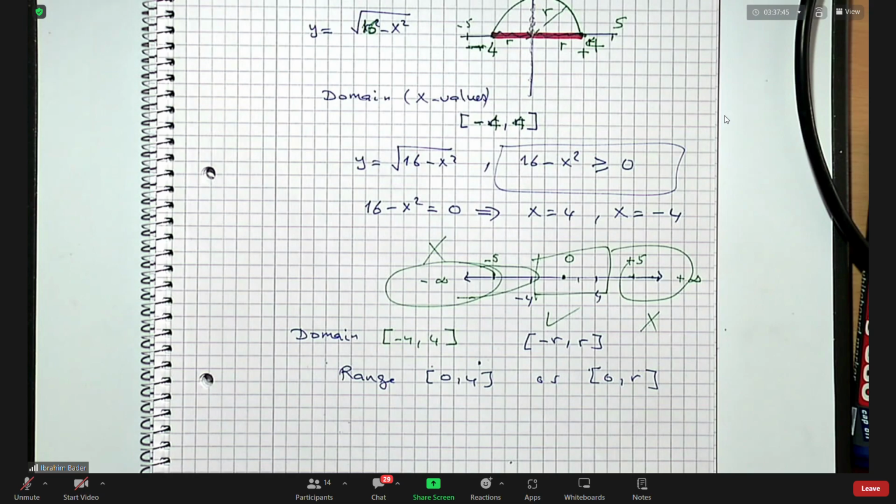One, like in this example, the amount under the square root can't be negative. So you exclude all values that will make this negative. To be able to do that logically, you need to know where this is 0, because to the right and the left of 0 you have negative and positive. You need to have a reference point. The reference points here are the points that make this equal to 0. That's why we evaluated them.